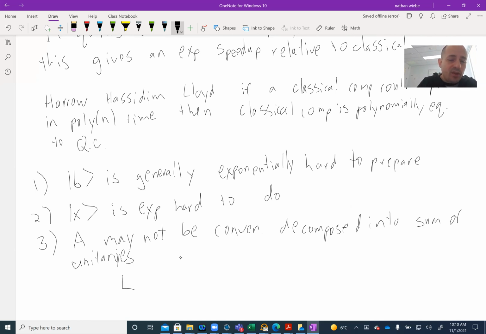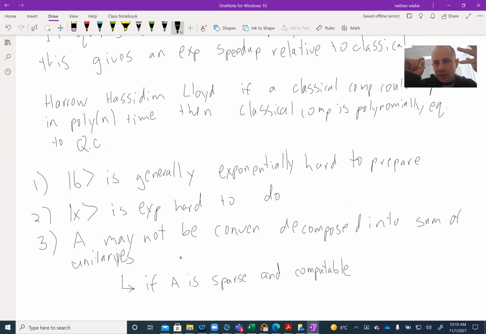However, subsequent work has shown that this can always be done if A is sparse and row computable efficiently, meaning that we can find the locations of the non-zero matrix elements and their values in polynomial time in every row and column, and that there are only polynomially many non-zero elements.